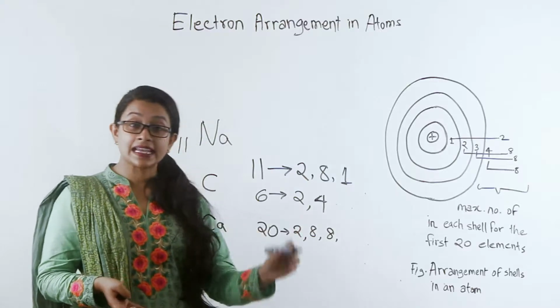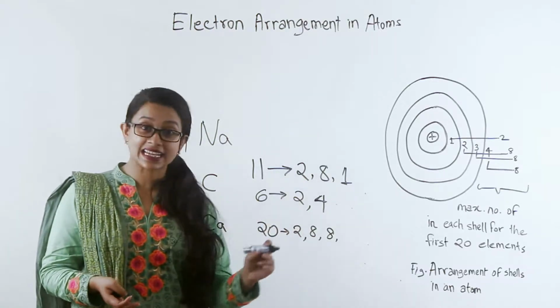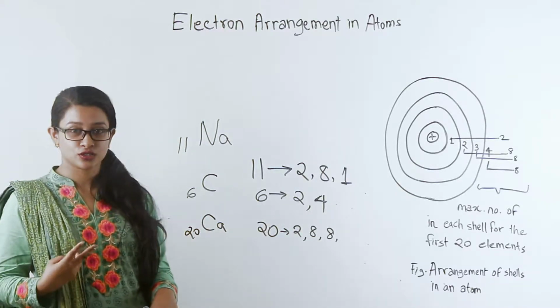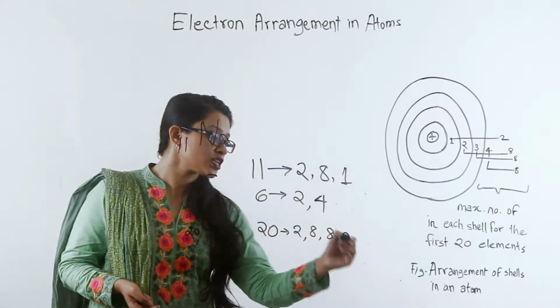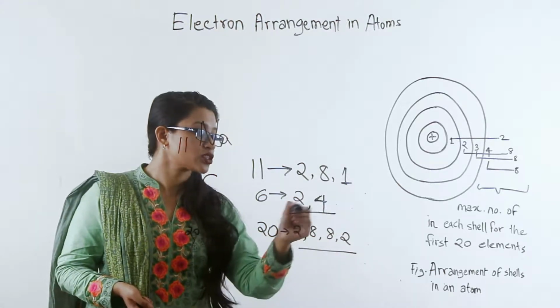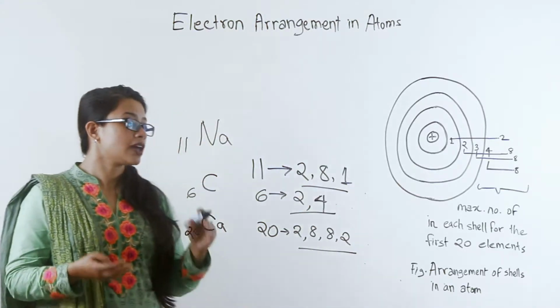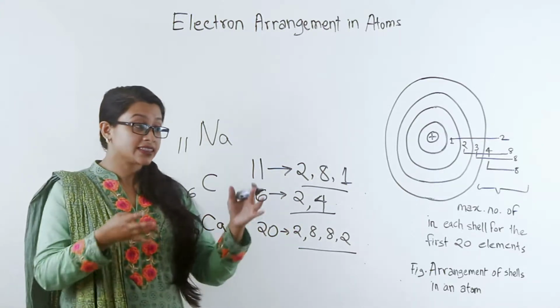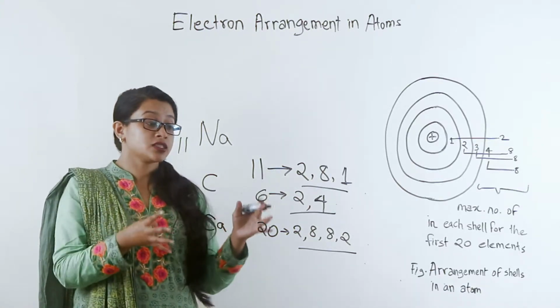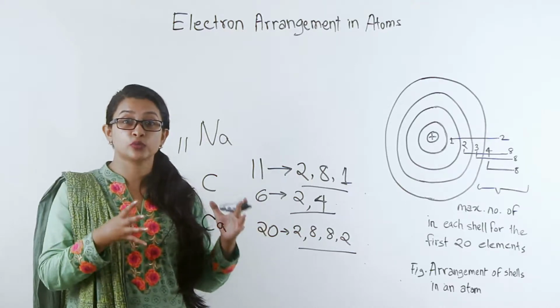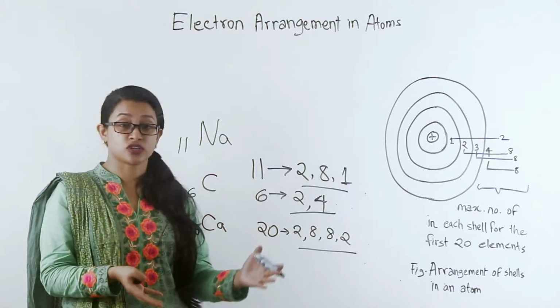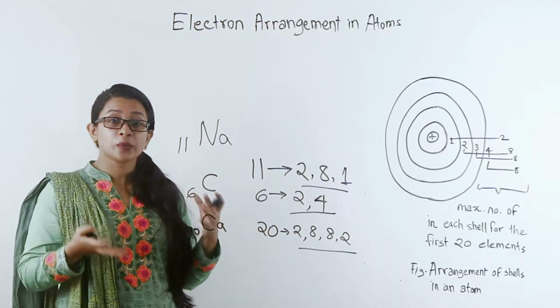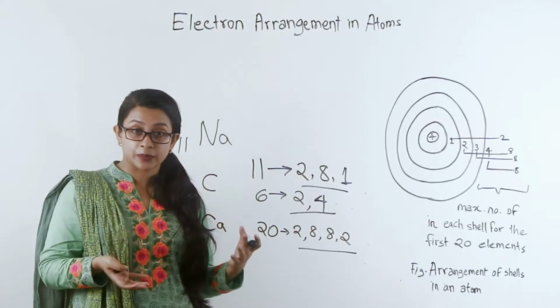So 2 plus 8, 10. 10 plus 8, 18. So how many are left? 2, right? That goes in the fourth shell. So there you go, the electronic arrangement of atoms of elements. And this is how you do the math. This is how you break them down into their electronic structure and understand how many electrons there might be.